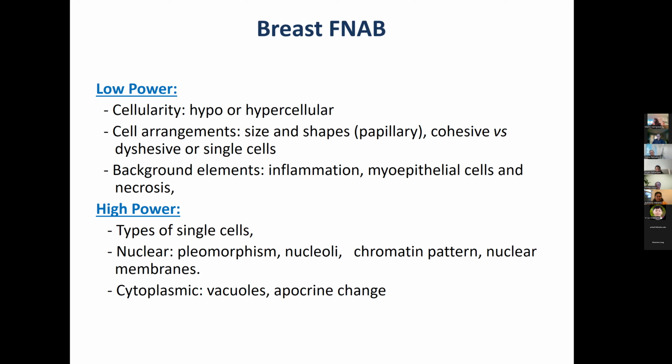And also, of course, you want to examine the cytoplasm and see if there are vacuoles, like clear cell change, apocrine change. These are all things that you would put together. Your low power and high power examination is going to help you understand what is going to be your final. So cytology is like a puzzle. You will have to put all of the pieces together to come to a final interpretation.